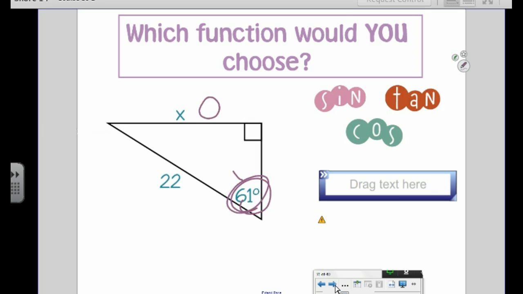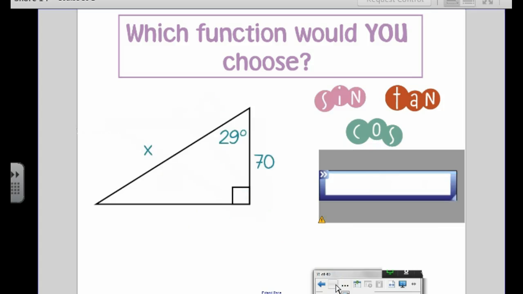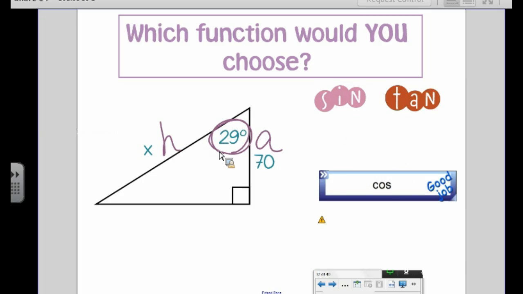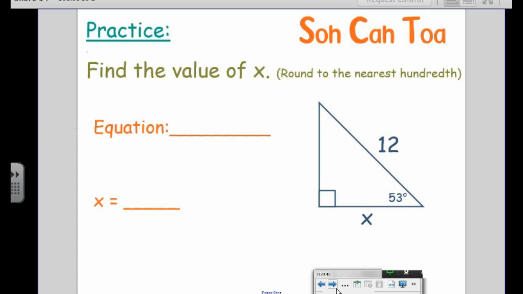Opposite, because opposite across the triangle. And non-adjacent, hypotenuse. So that's the SO part of SOHCAHTOA. So it is sine again. Here's our angle. 70 is next to, it's adjacent, and x is the hypotenuse. So adjacent and hypotenuse, that's the CAH part of SOHCAHTOA. So you get now how to choose which function to use.